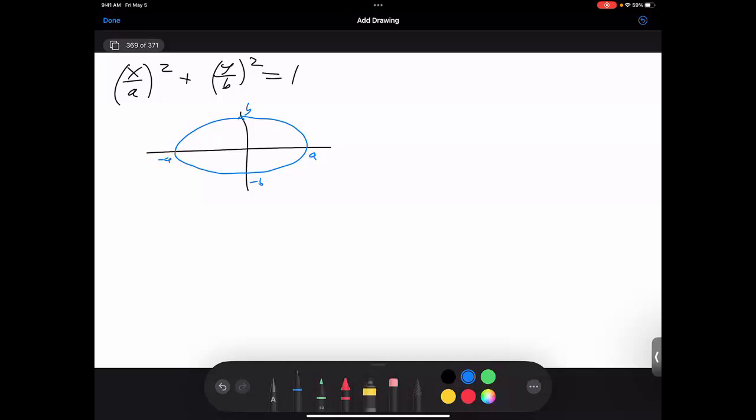Let's say I want to calculate the area of the ellipse. So can somebody give me an equation that would allow me to calculate the area of the ellipse? So do you think it's going to give me at least a word that I should be using to calculate the area?